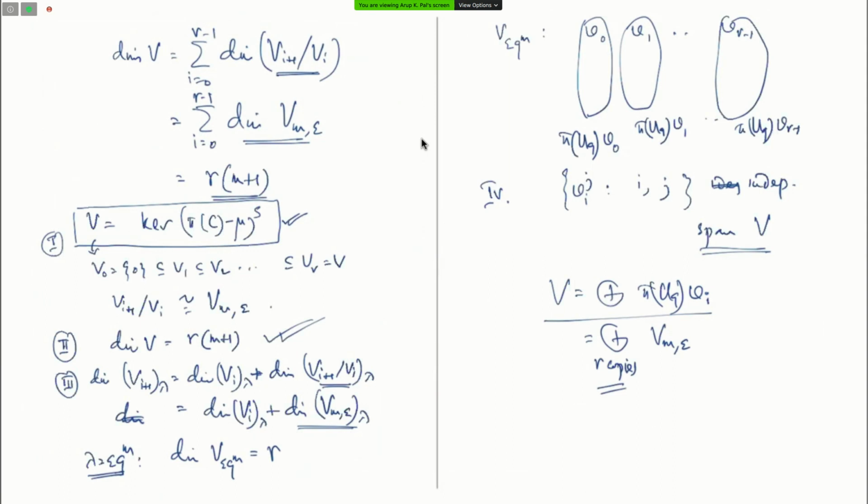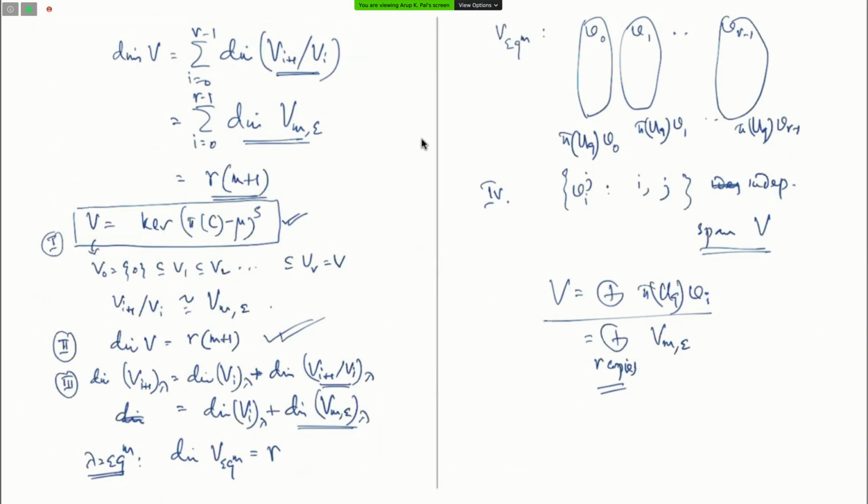When you go to a different generalized eigenspace for phi C, you will get different irreducible types. Once you restrict yourself to one single generalized eigenspace, you get only one type of irreducible. But when you look at a different generalized eigenspace, you will get a different irreducible type than this.